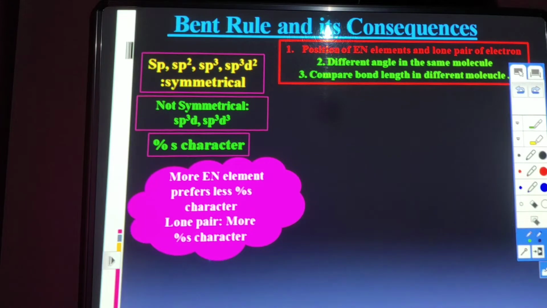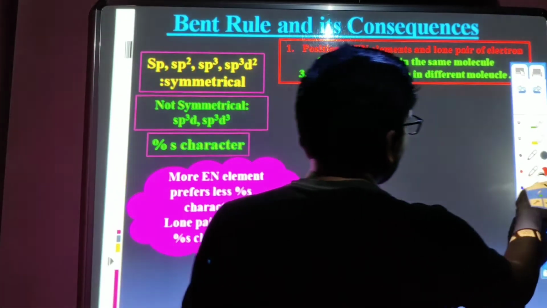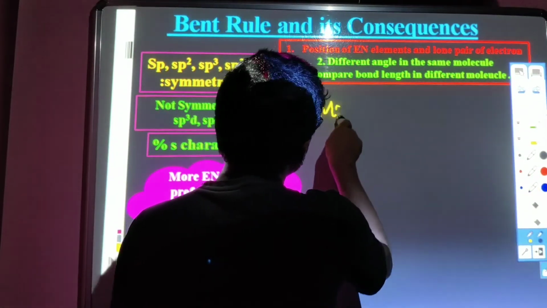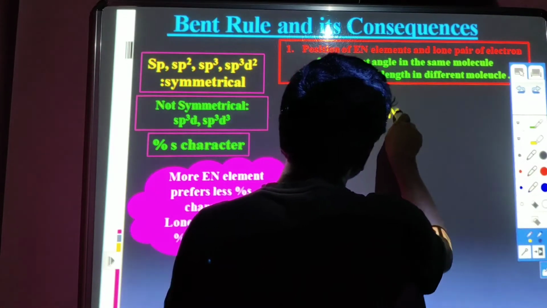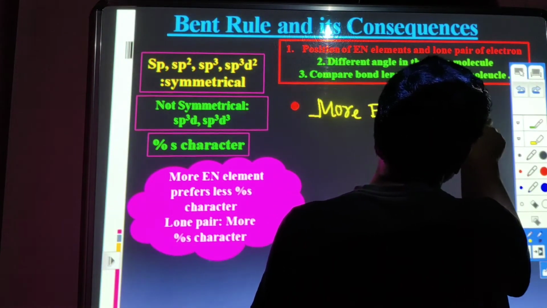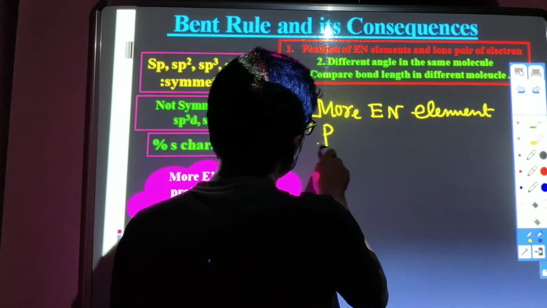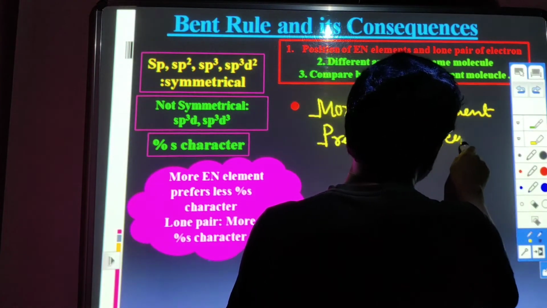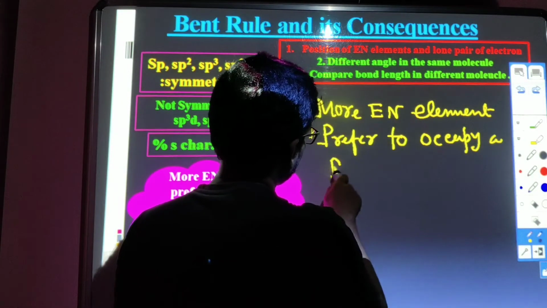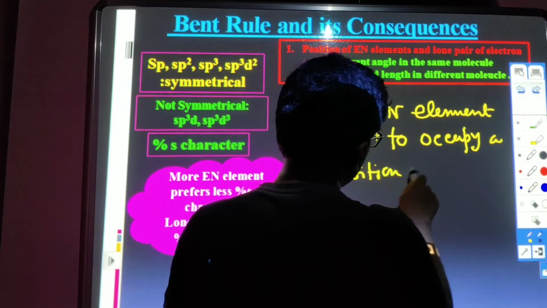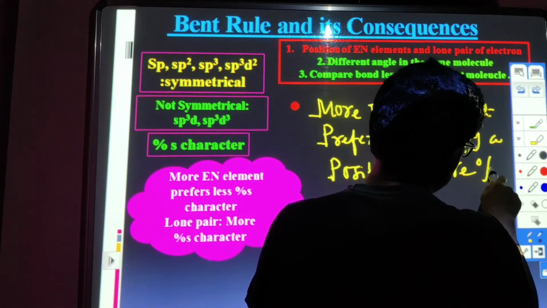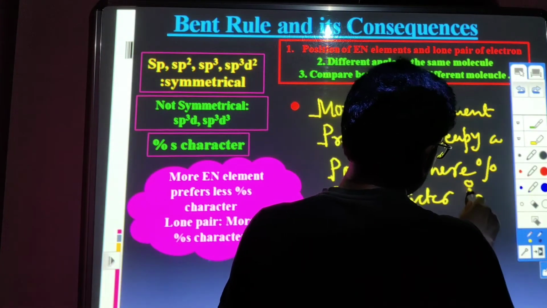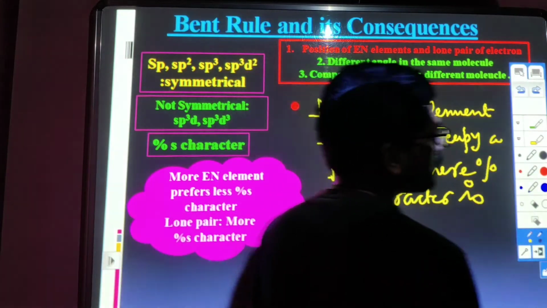First, let me write the Bent rule. Bent rule says that more electronegative elements prefer to occupy positions where percentage of s character is less.